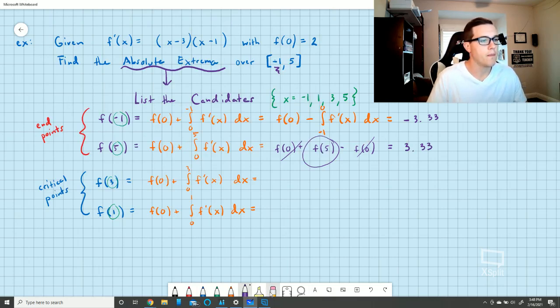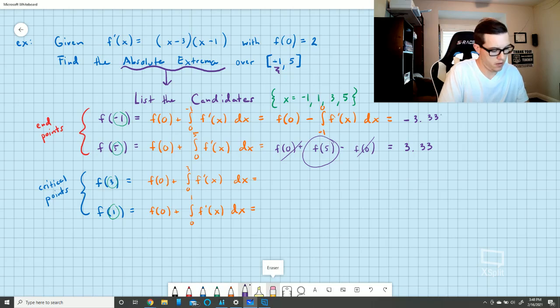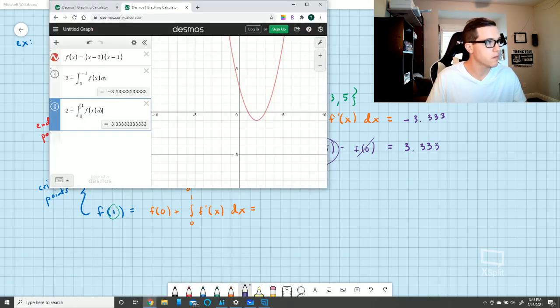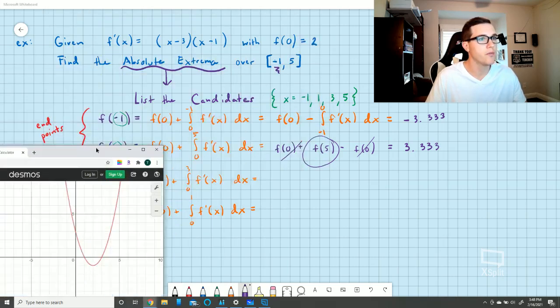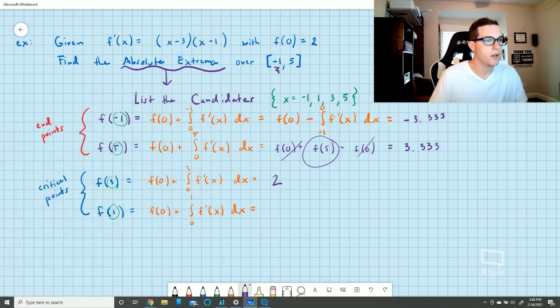I guess I should keep 3 decimal places, like I keep telling you. To get 3, f of 0, which was 2, plus the accumulation from 0 to 3, which is 2. And then the last one, oops, I put these in the wrong spot. This was 3.33, sorry. F of 5 is this last one.